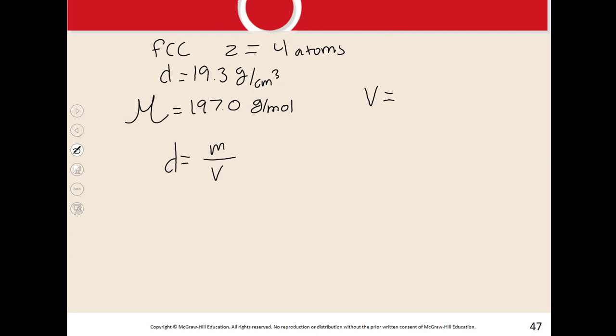Now, in a cube, base, width, and height are all what? The same. So I'm going to call that the edge length or the side cubed. So S is our side length. So in our equation, I'm going to replace that V on the bottom with our side cubed, edge length cubed.